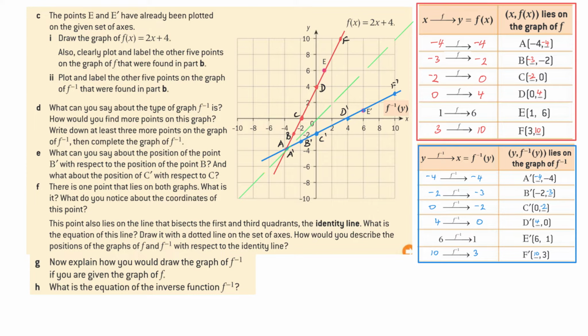It's a rise of 1 and a run of 2. So that means m is a half because it's got a rise of 1 over a run of 2, and it crosses the y-axis at -2. So that blue equation there is the equation of the inverse function.